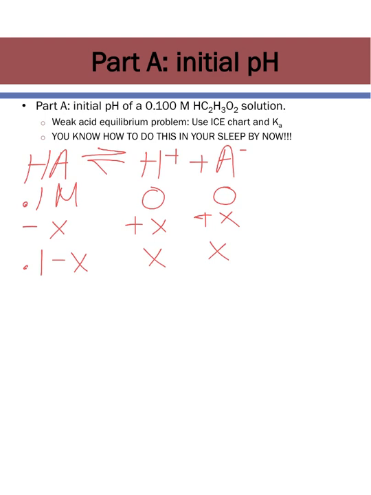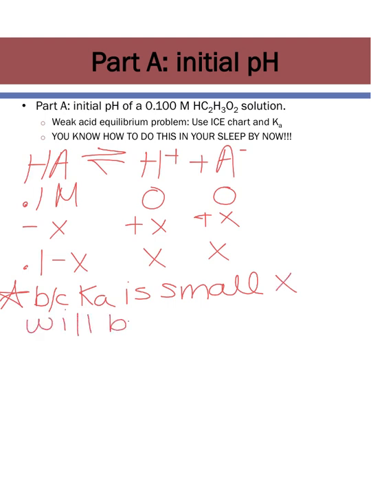Now we can do our assumption that because Ka is small, and we would need to acknowledge this on a test, a quiz, or the AP exam, because Ka is small, x will be small too, or even very small. Therefore, 0.1 minus x is approximately equal to 0.1.